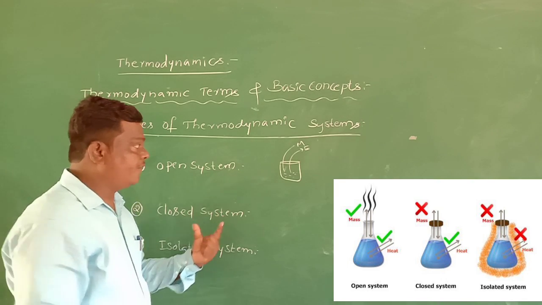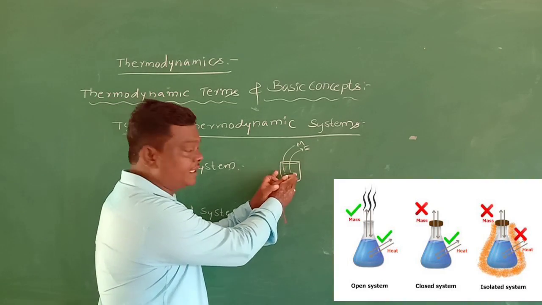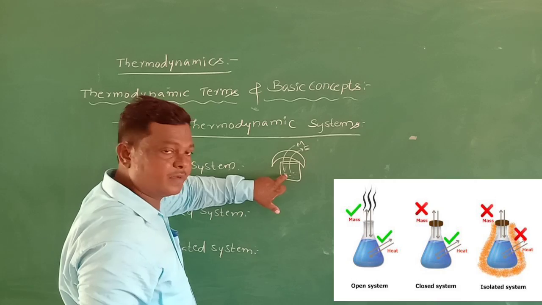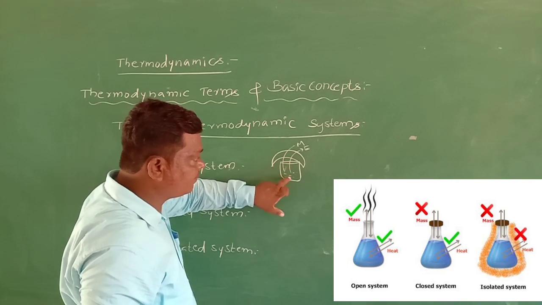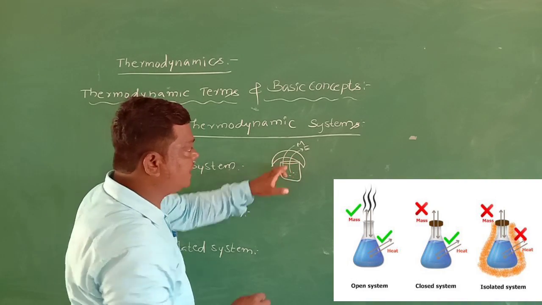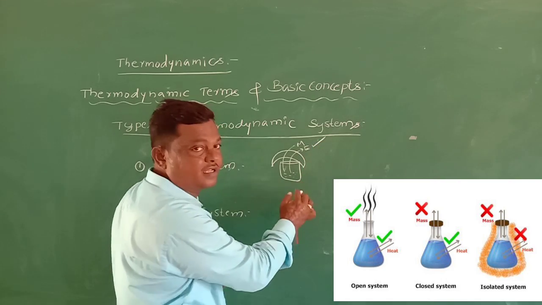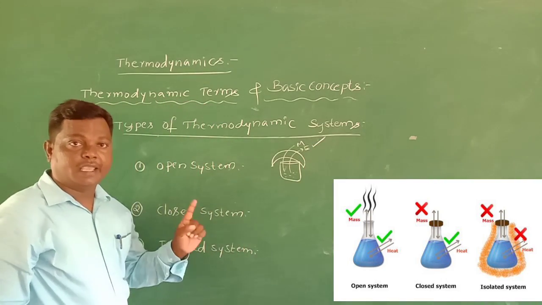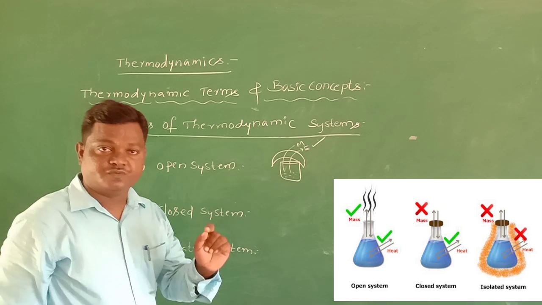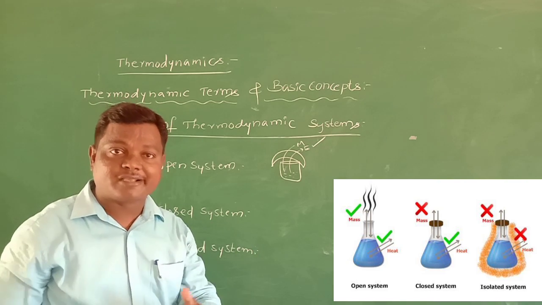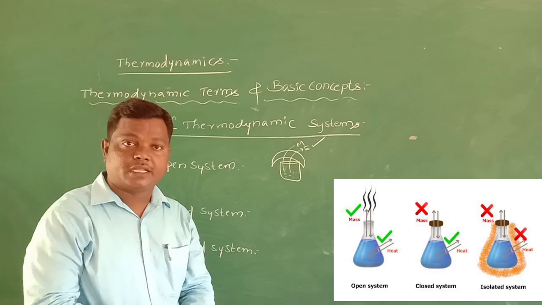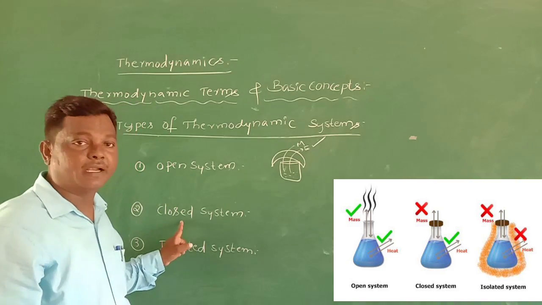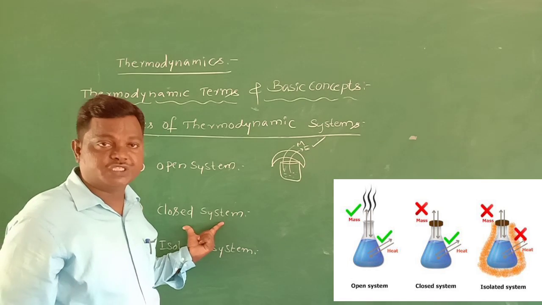For example, when we cover this beaker with a seal, the water vapors return to their original state. The energy can be transferred to the surroundings. A closed system can transfer heat or energy to the surroundings, not matter.